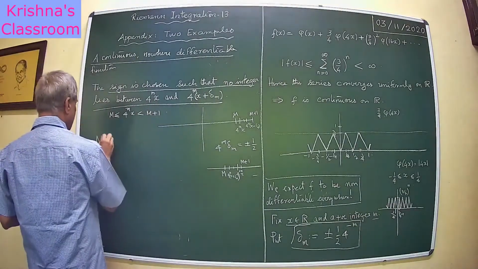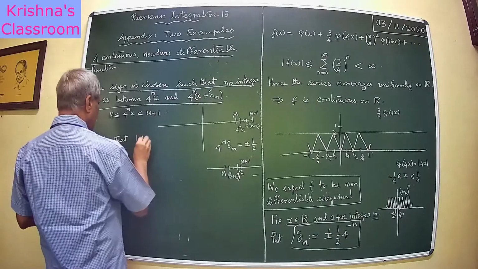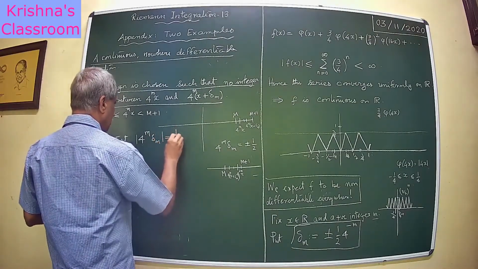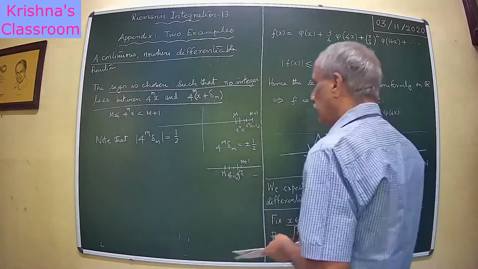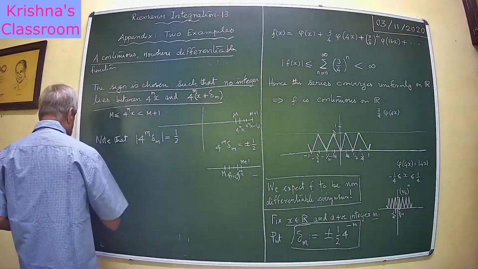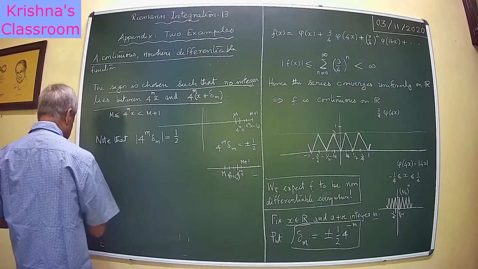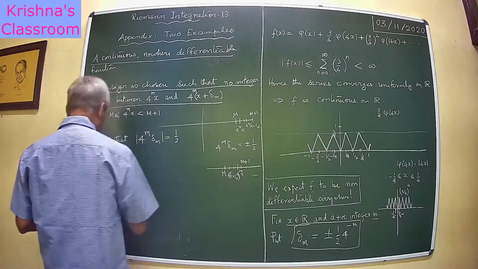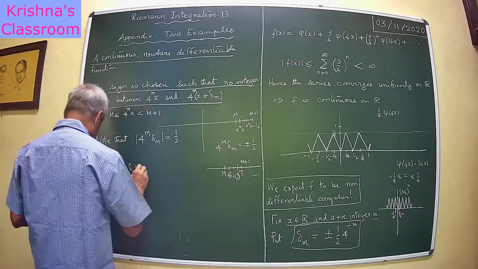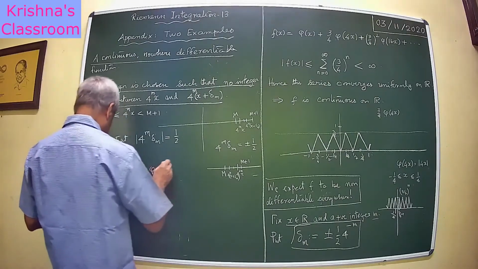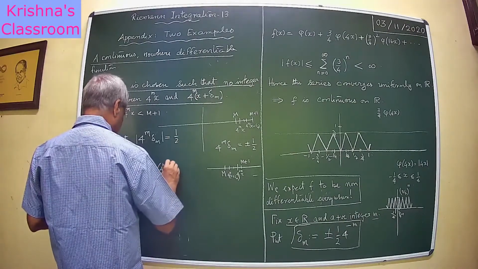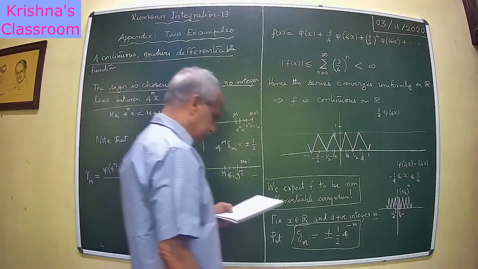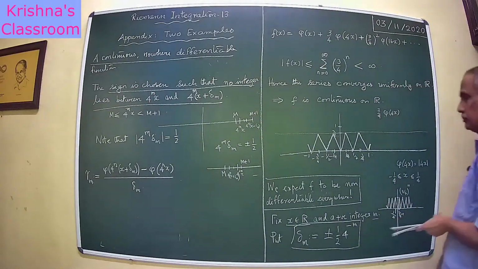Now note that we define another function, gamma m, defined as phi of 4 to the power n (x plus delta m) minus phi of 4 to the power n x, divided by delta m.